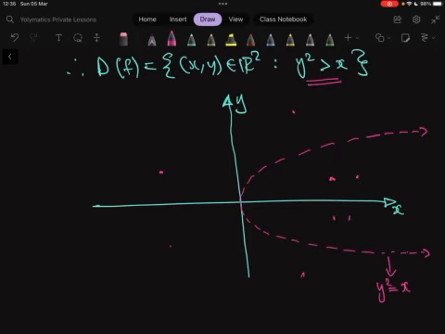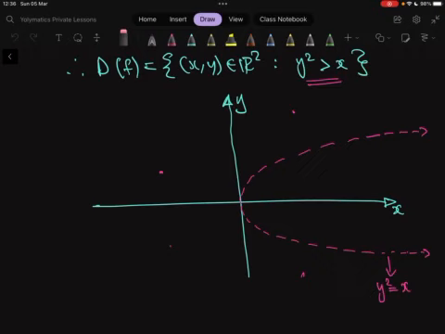This is something that at times can be hard to figure out, but we can figure it out nicely by checking a few points that lie outside the region and seeing if they satisfy that condition.